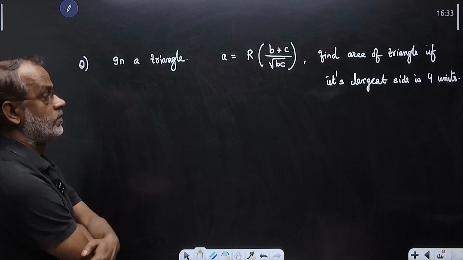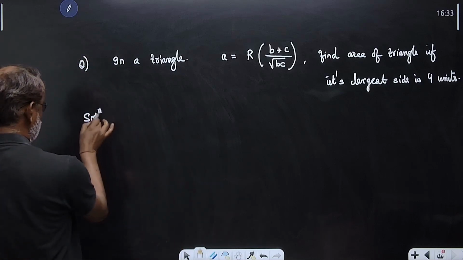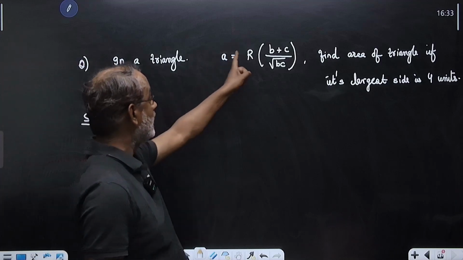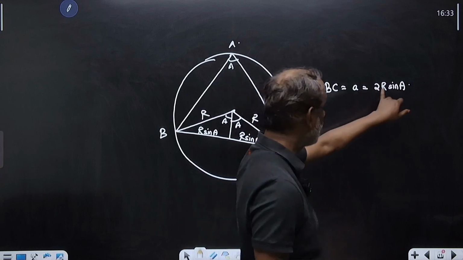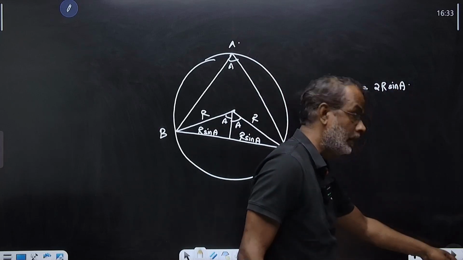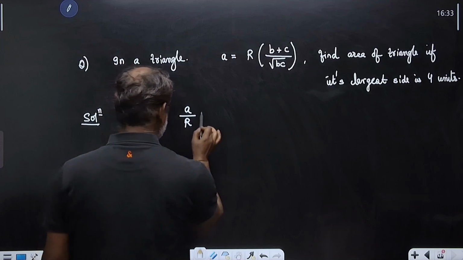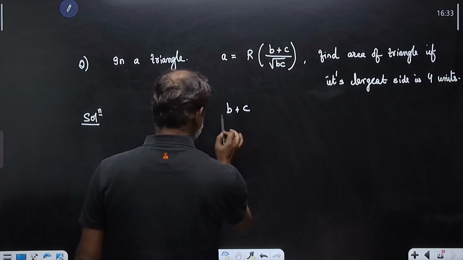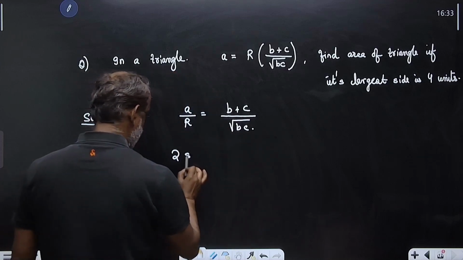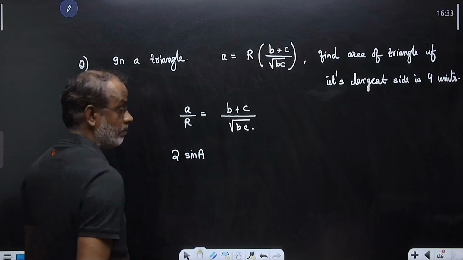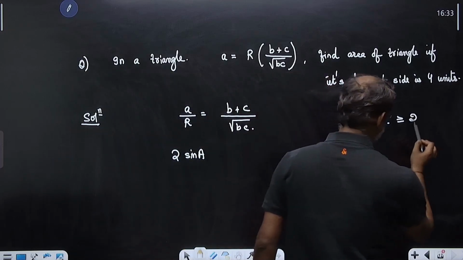Okay. So, this is a by R. What have we read? a is 2R sine A. So, a upon R is 2 sine A. Okay. So, this is 2 sine A, and by AM-GM we can say b plus c is greater than or equal to 2 root bc.